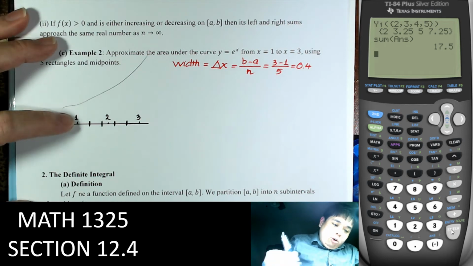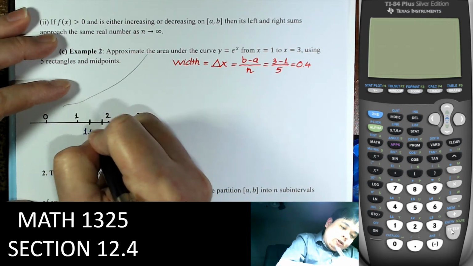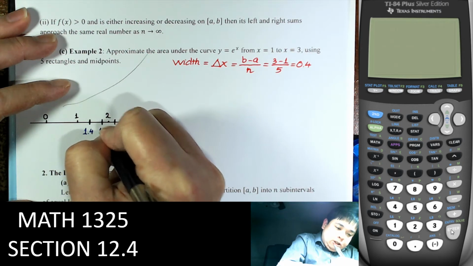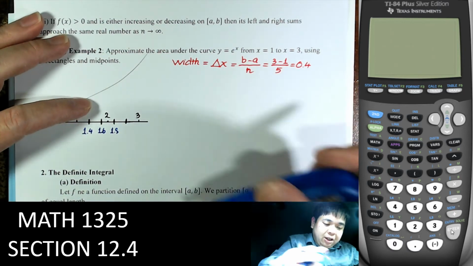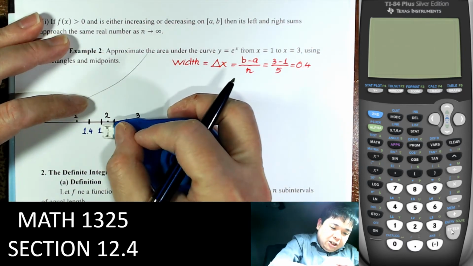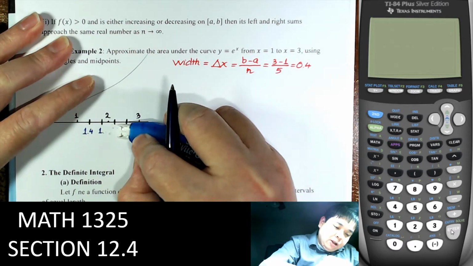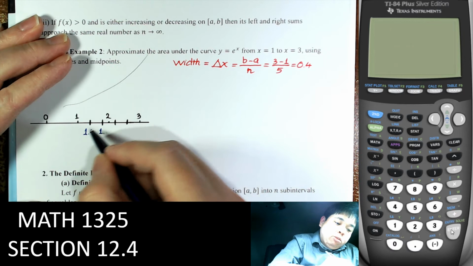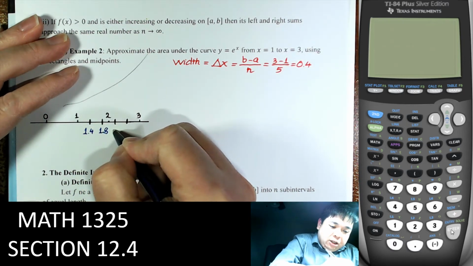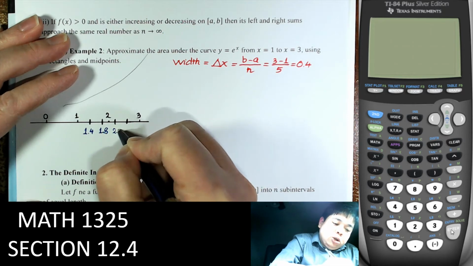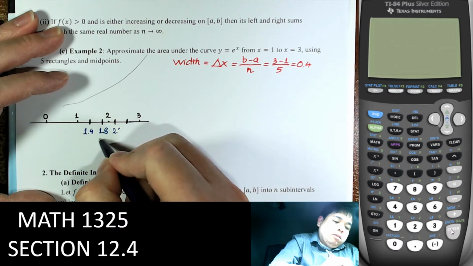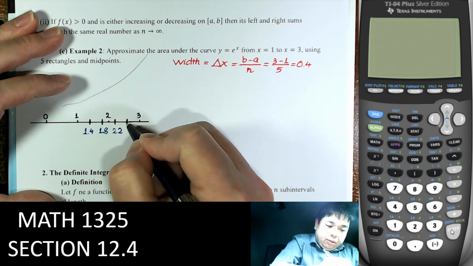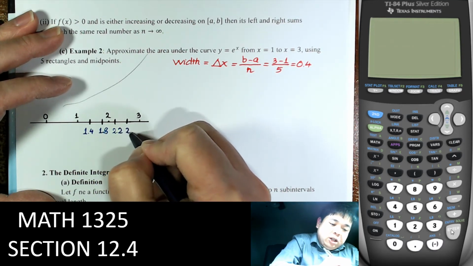So we have 1, the next is 1.4, 1.8, 2.2, 2.6, and 3.